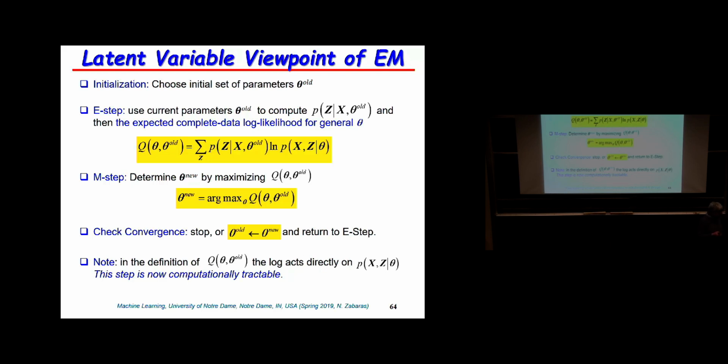So we cannot really work with the joint log likelihood. So the next best thing to do is work with what? Work with this quantity that you see here, which is the expected joint log likelihood, or complete data log likelihood. And the expectation is with respect to the posterior of z, computed, because we're going to be doing EM iterations, right? Computed at the previous set of parameters theta.